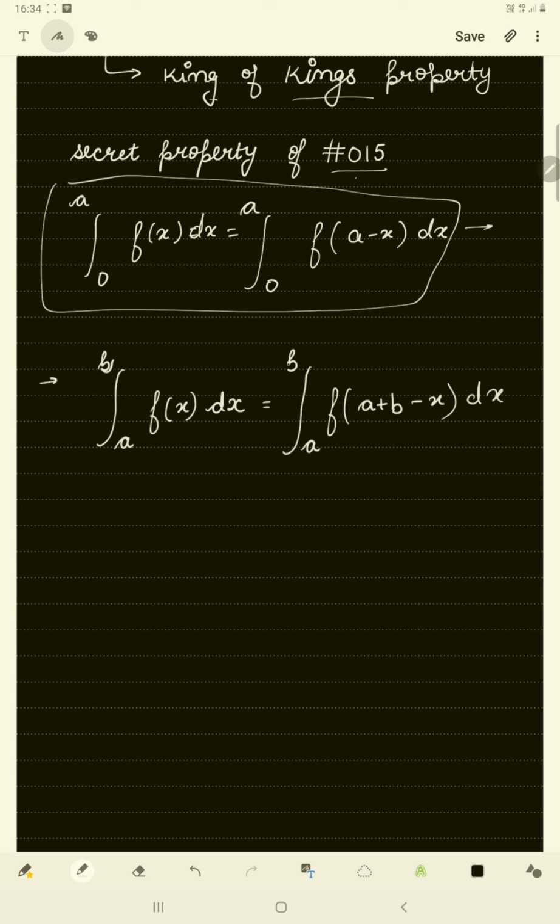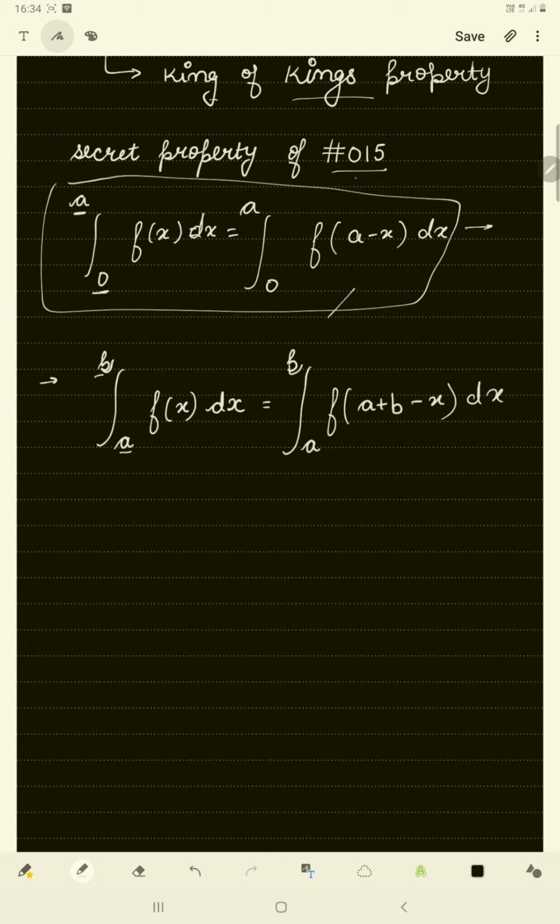At first sight it might seem very similar to the king's property, but there's a difference: in the king's property we had 0 as the lower limit, but here both limits a and b are variable, whereas in the king's property we had only one variable limit, the upper limit.